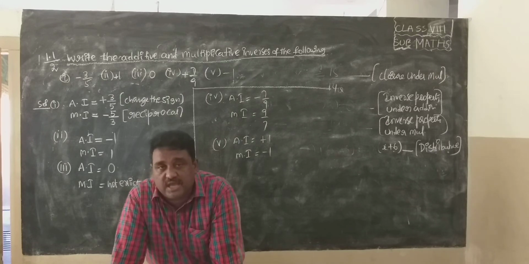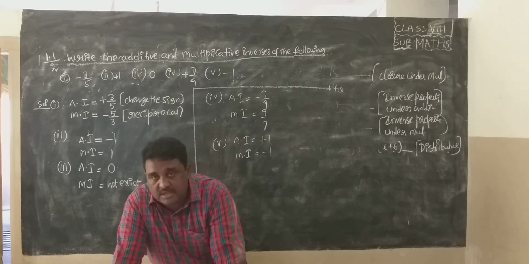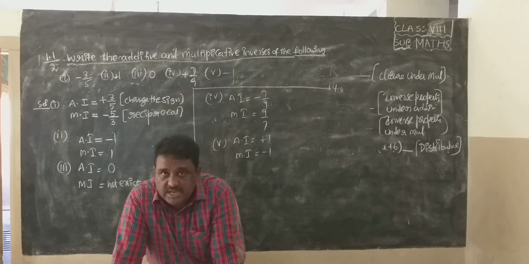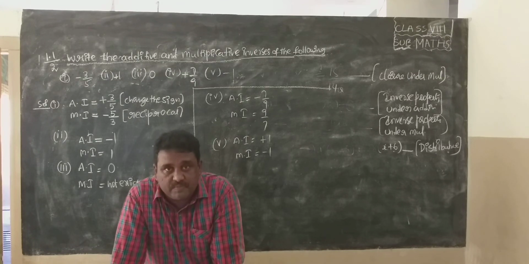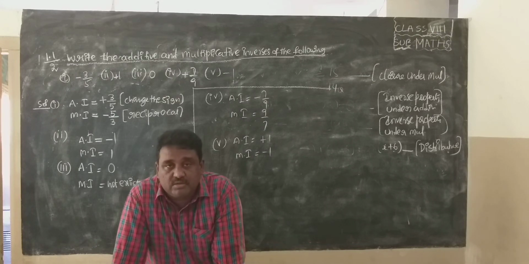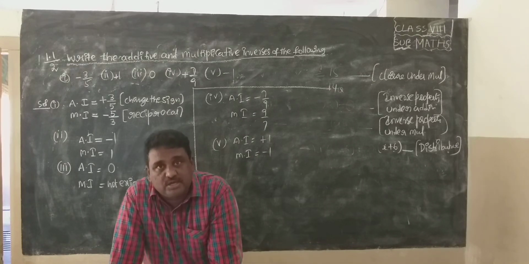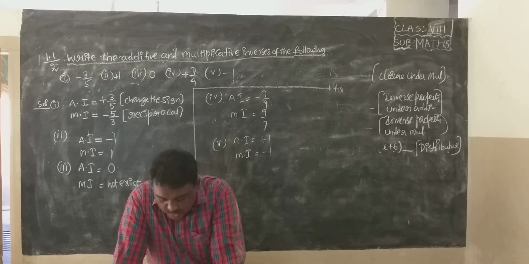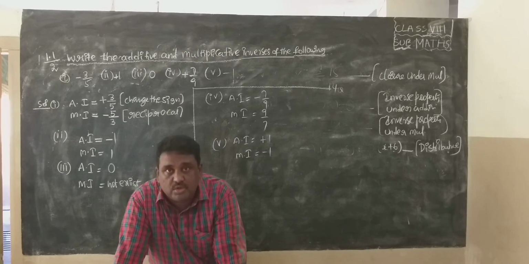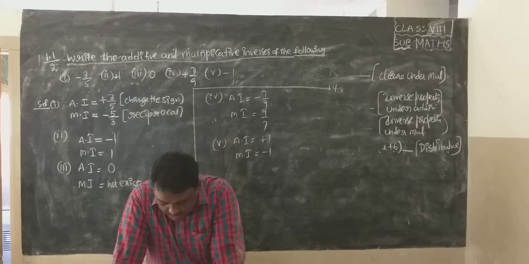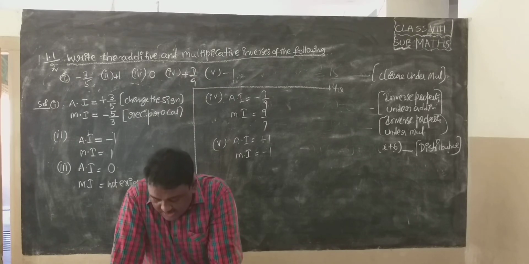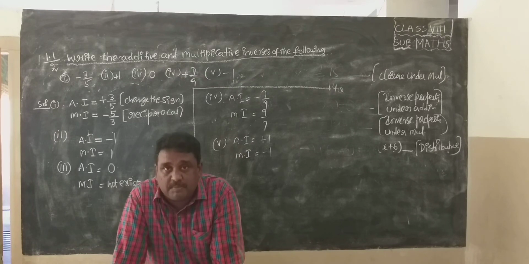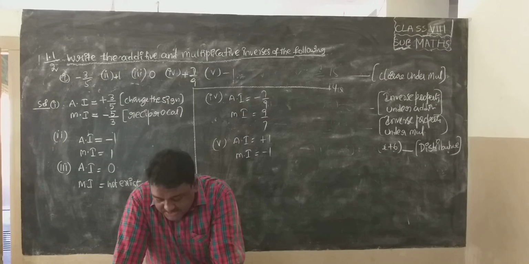If you get the answer 1, we name it the inverse property under multiplication. On the left side 2 appears one time, on the right side 2 appears two times. 2 is distributed to 3 by 5 and 2 is distributed to 1 by 2. We name the property the distributive property. Two fractions are there, 5 by 2 and 3 by 7, and we are multiplying. Again we get a rational number, which means it is the closure property under multiplication.